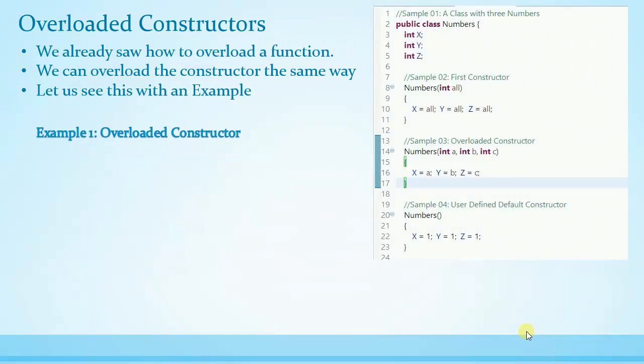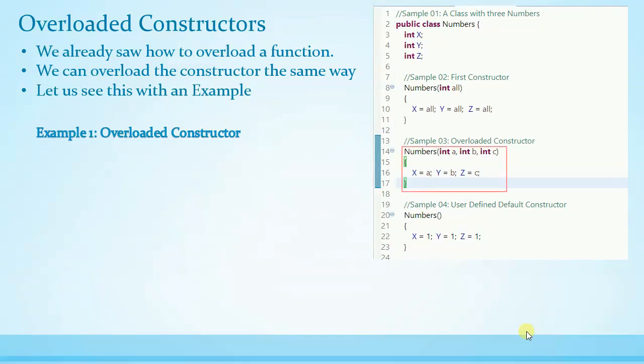In this example we created a class called numbers with 3 integer variables. The numbers class declares 3 members x, y, z. Then we have 3 constructors. The first version takes a single parameter and initializes all 3 members with the parameter value.